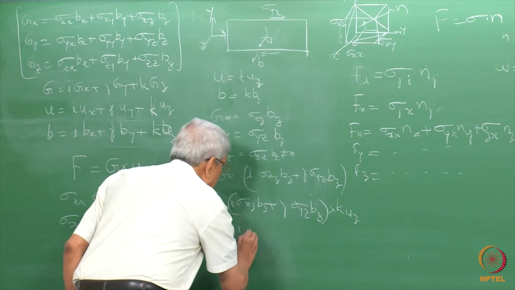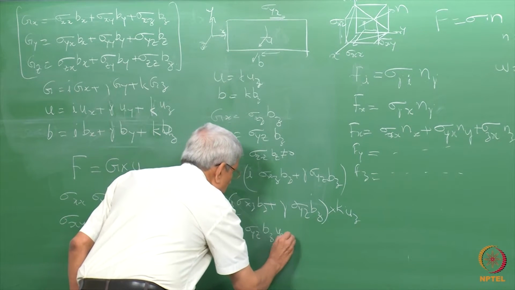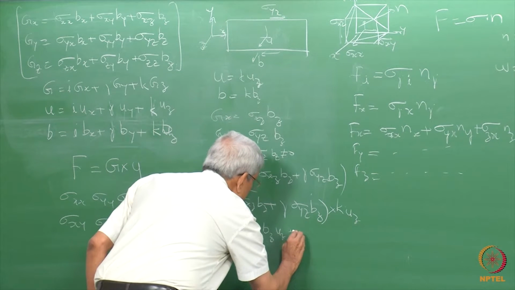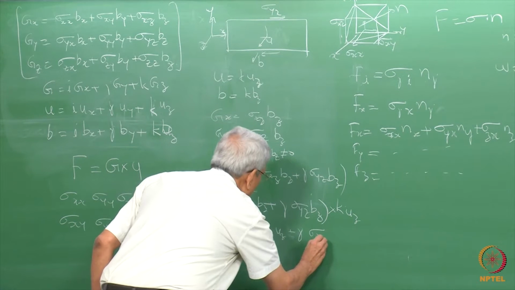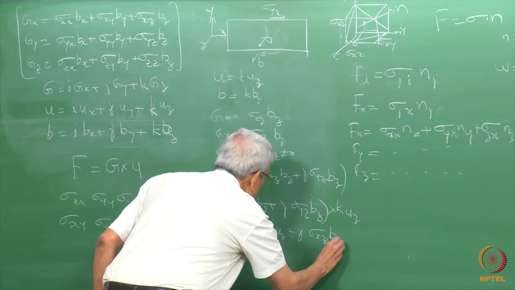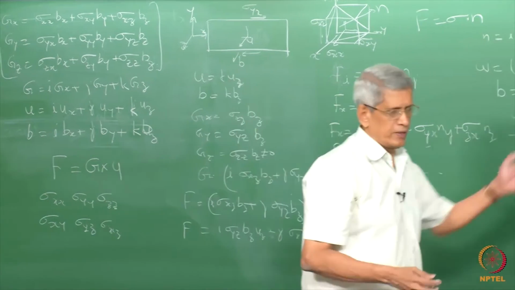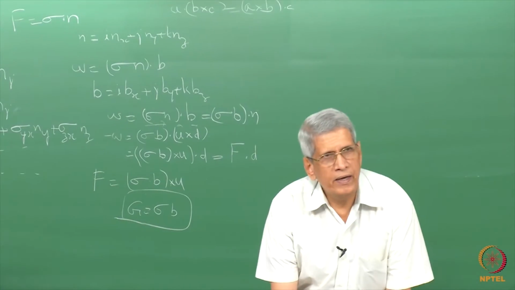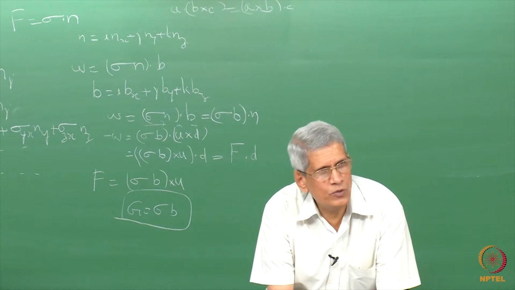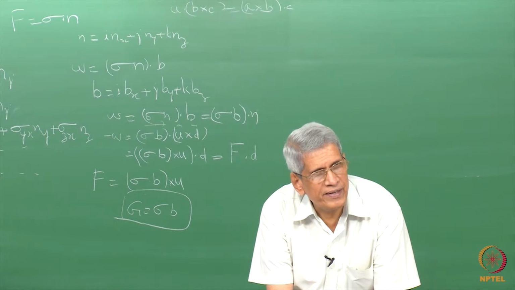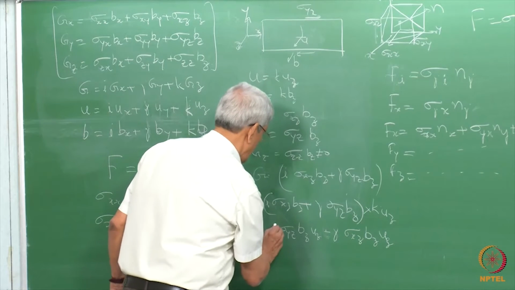So this will be I into sigma yz into bz into uz minus j into sigma xz into bz into uz. Okay, if u is a vector which we take to be essentially a unit vector, then the uz term will be just 1, correct?